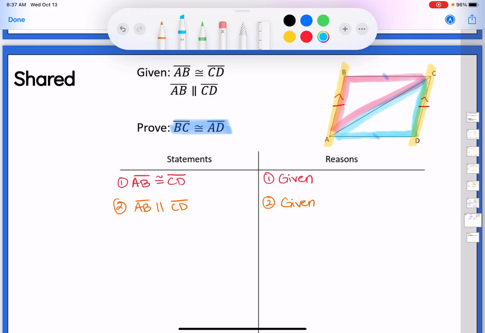Ooh, when I highlighted my two triangles, I noticed that I do have a reflexive property in the middle, right? So step 3, I'm going to say segment AC is congruent to segment AC with the reflexive property. I'm trying to prove BC is congruent to AD, so I don't know that yet, so I'm not going to be able to use side, side, side on this one.